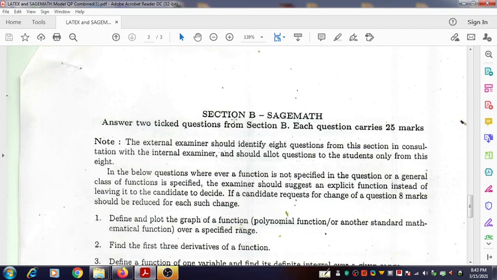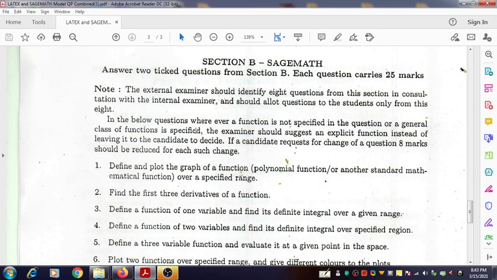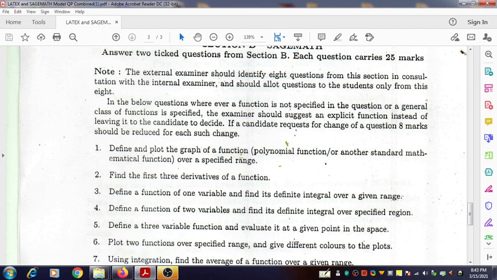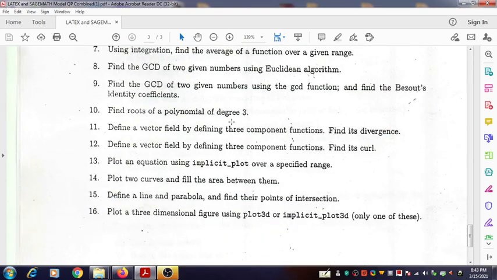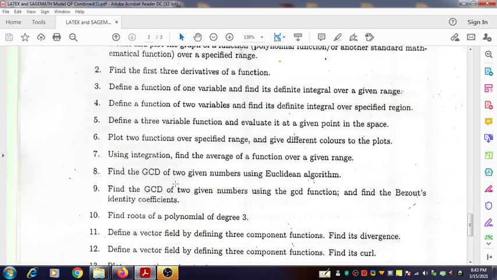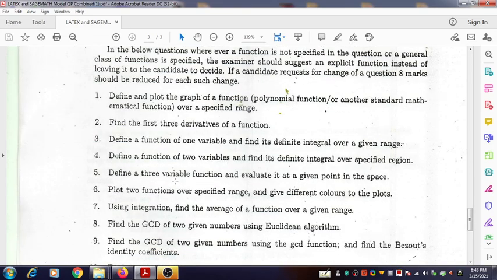Next, coming to the SageMath part, you have to answer two questions from section B. Each question carries 25 marks. The external examiner should identify 8 questions from the given list. So see here, 16 questions are there, and then 8 questions will be identified in consultation with the internal examiner.